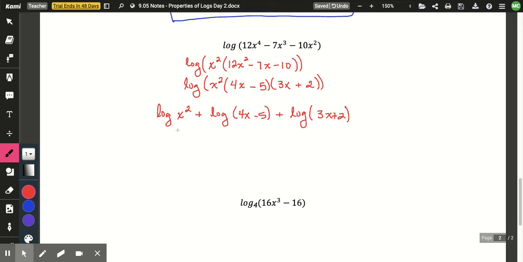And now I could deal with this first logarithm here. That power can again become a scalar multiple, so it's going to go in front. So that'll be 2 log of x plus log of 4x minus 5 plus log of 3x plus 2.